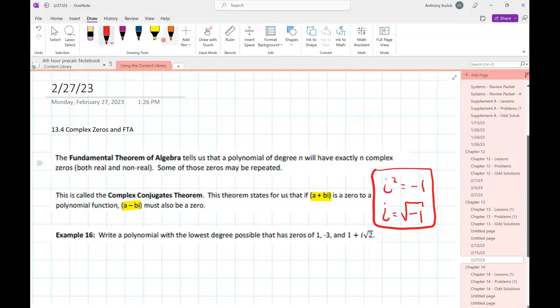Okay, so back to 16. This sounds just like a problem that we did before, right? We did this problem in the homework. You guys remember doing that? Remember how we started doing this? Well, we started by writing down our solutions.